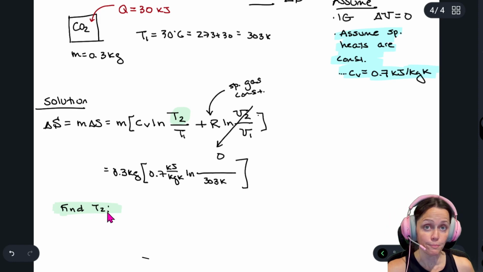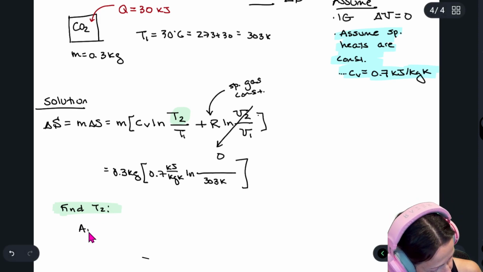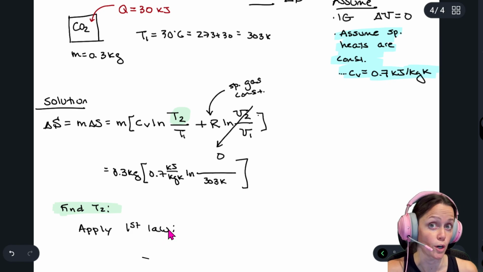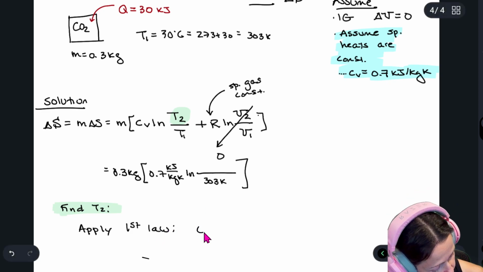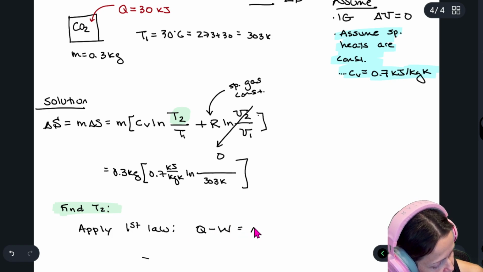We're going to do that by applying our first law, our energy balance for a closed system: Q minus W equals delta U plus delta kinetic energy plus delta potential energy.